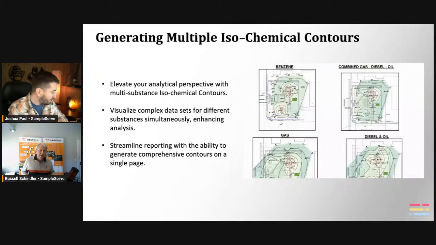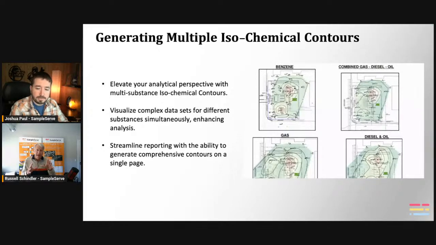Russell, tell us about the story and what you see this turning into? So we've had the ability to generate isochemical contours for your specific chemical of concern for a long time, I mean, 7-8 years.